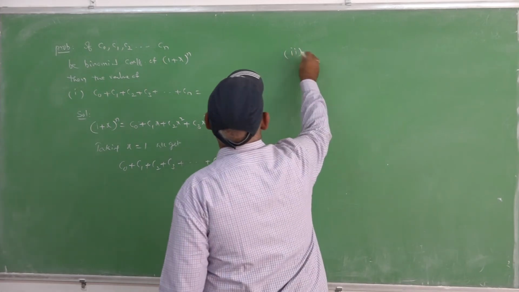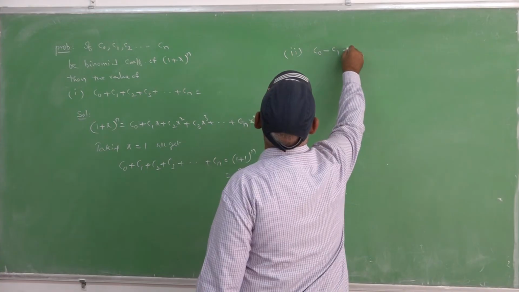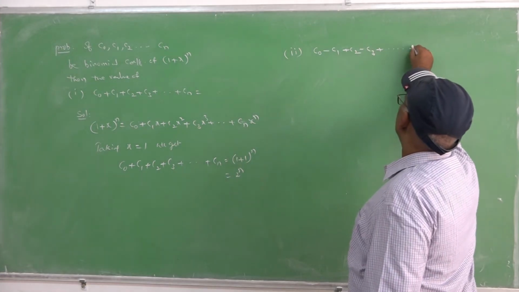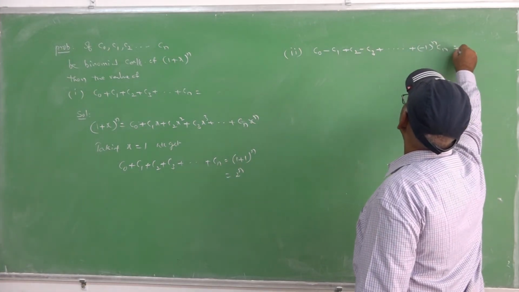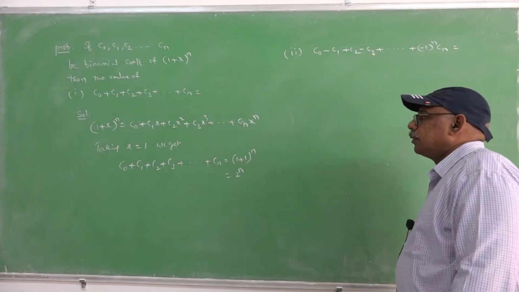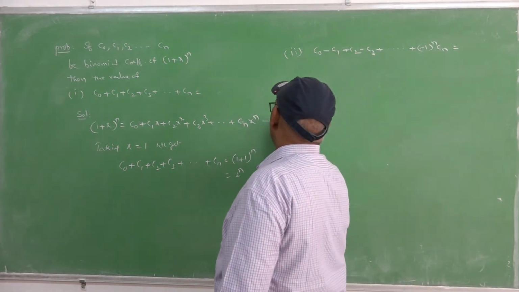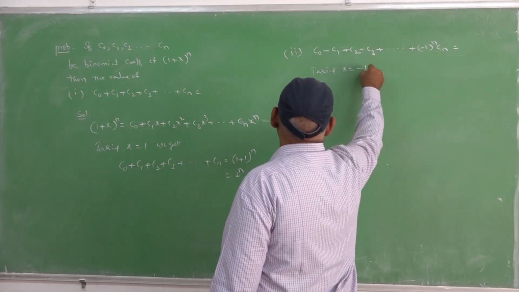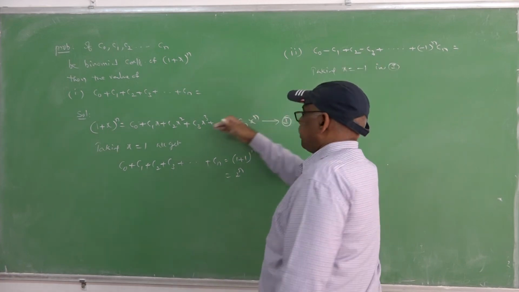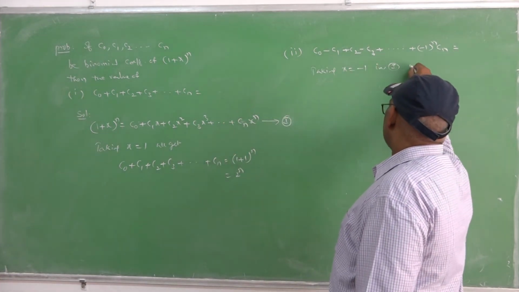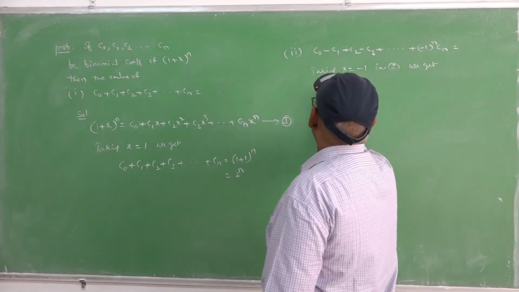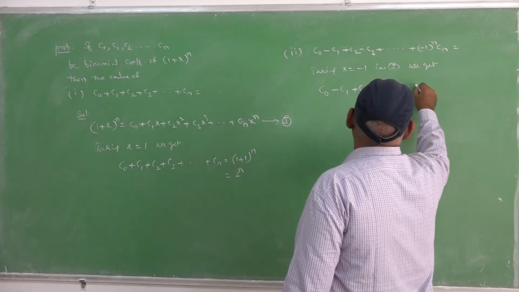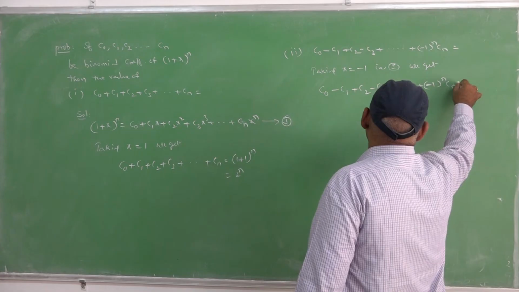The second one: C0 - C1 + C2 - C3 and so on, (-1)^n Cn value. Now taking x = -1 in the binomial expansion, we get this result: C0 - C1 + C2 - C3 and so on, until (-1)^n Cn, is (1 - 1)^n, which is 0 itself.